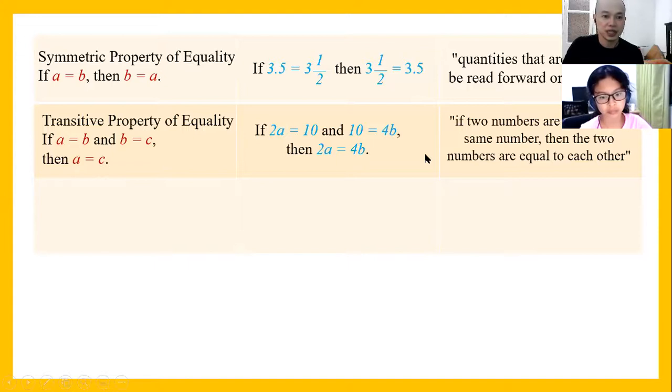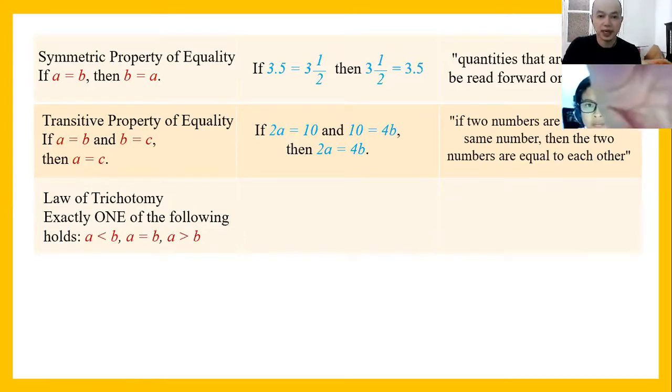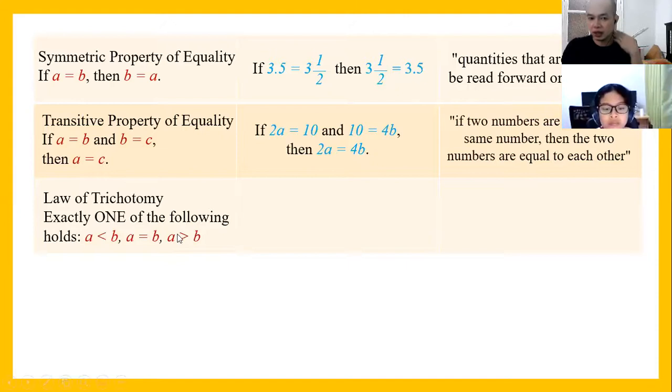All right, of course. Now let's have law of trichotomy. Exactly one of the following holds. Now what is this law of trichotomy? It means that if A is less than B, it cannot be A equal B, or it cannot be A greater than B. It's just one of the three.